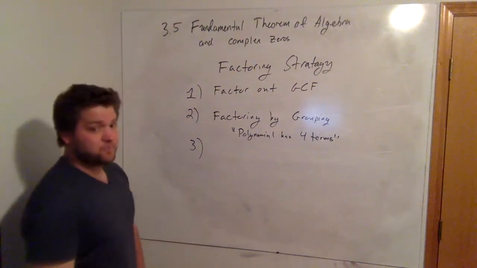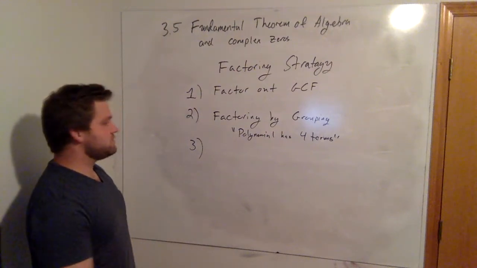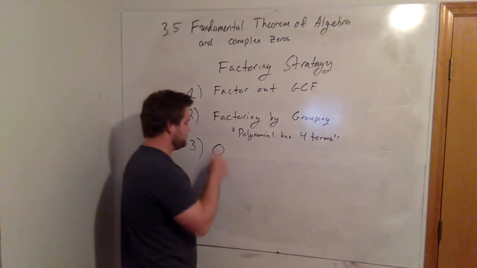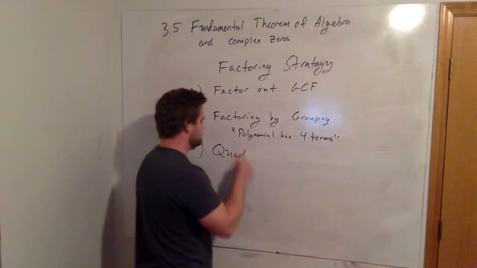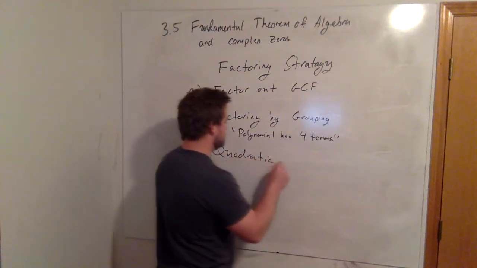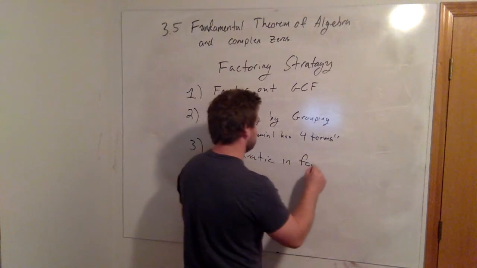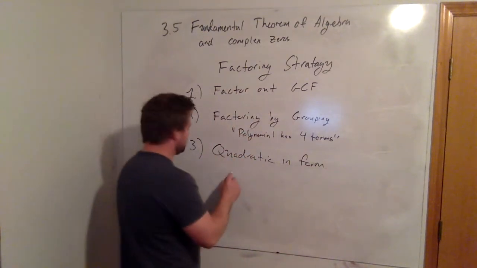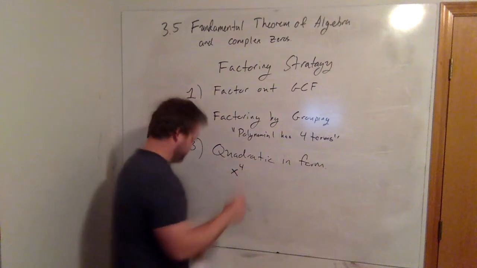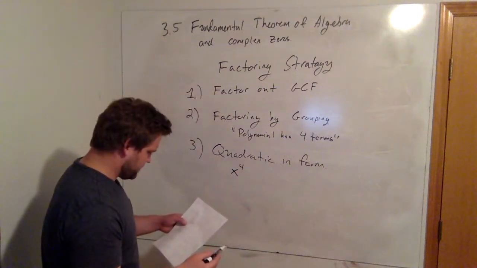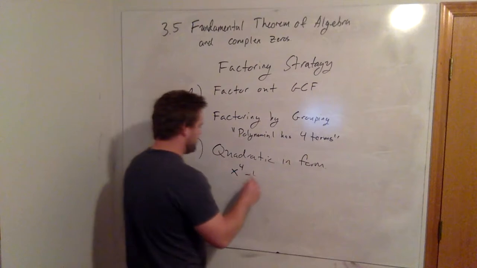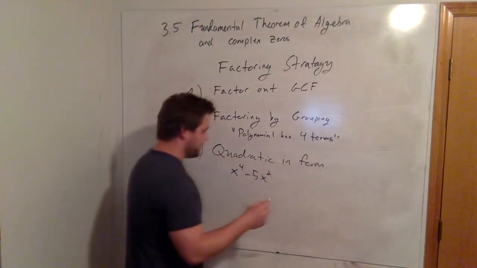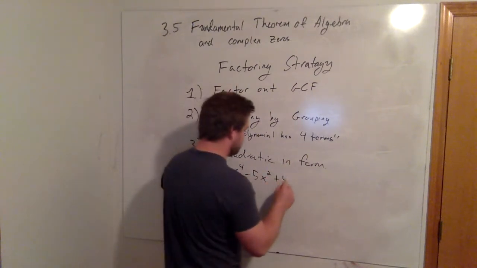Something else I'm going to check for, if I notice it, is if something's quadratic in form. So this would be an example. Let's say I have something like x to the 4th minus 5x squared plus 4.